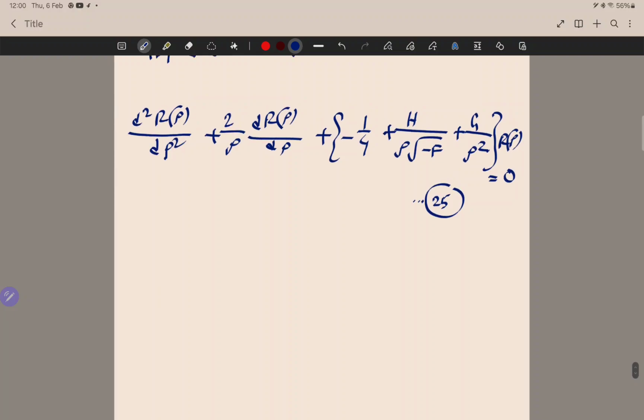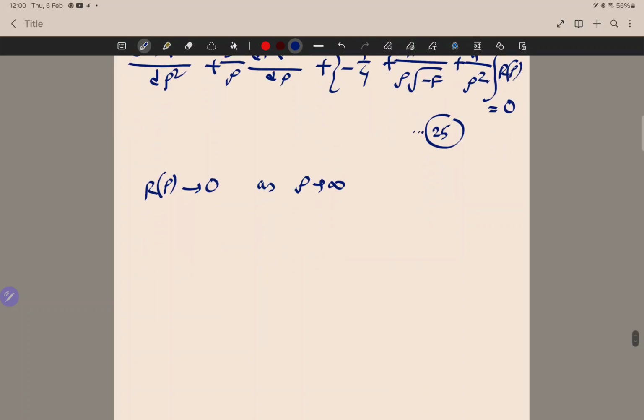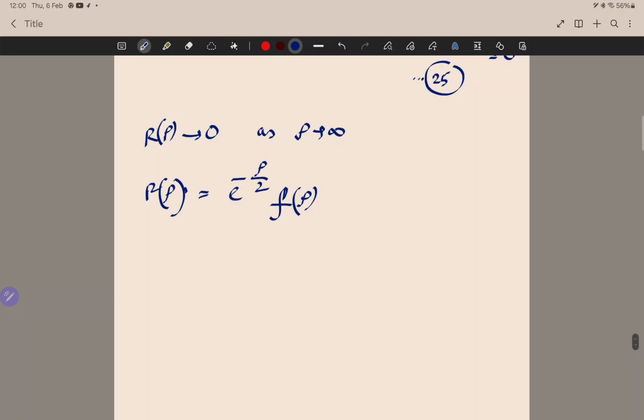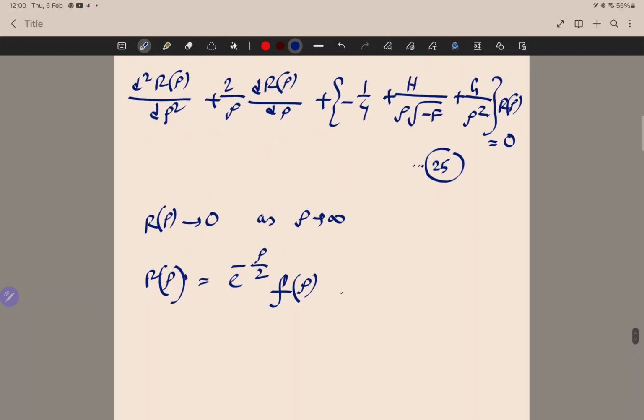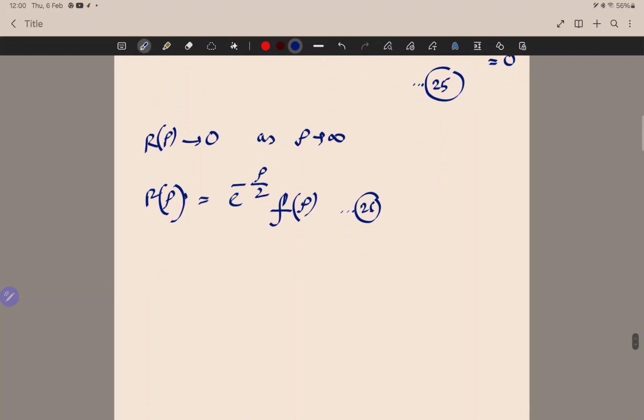For the bound state, we require R(ρ) tends to 0 as ρ tends to infinity. So we write R(ρ) equal to e^(−ρ/2) F(ρ). This is equation number 26.